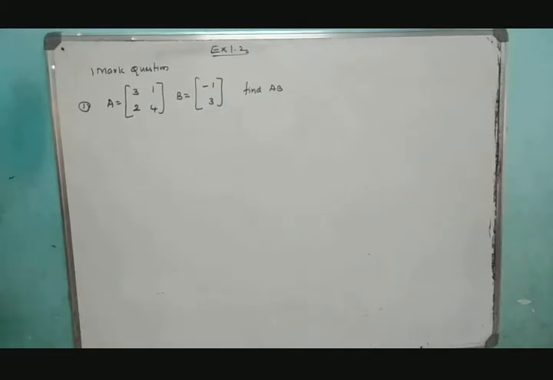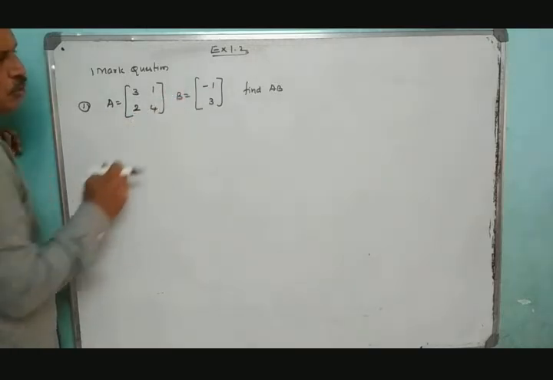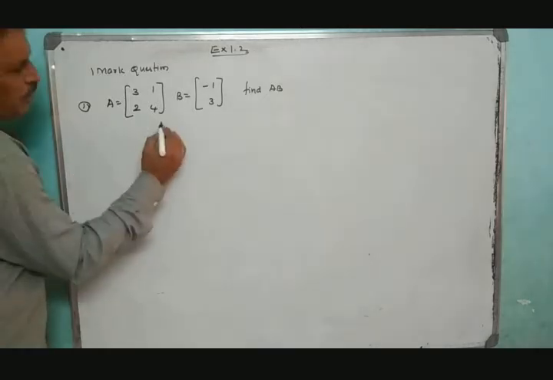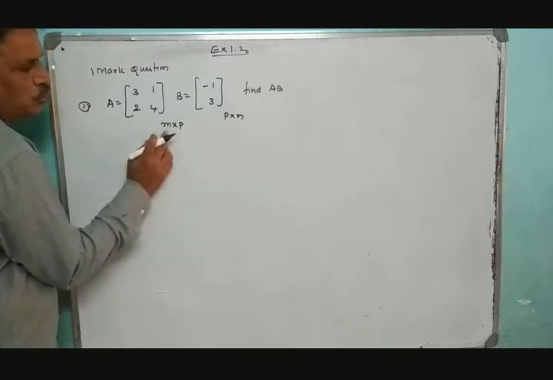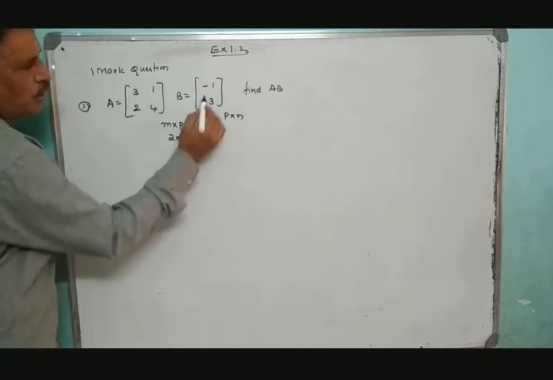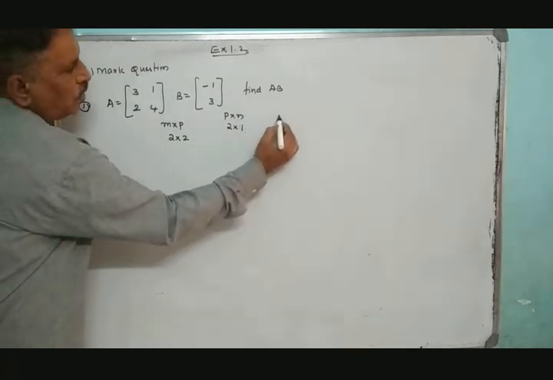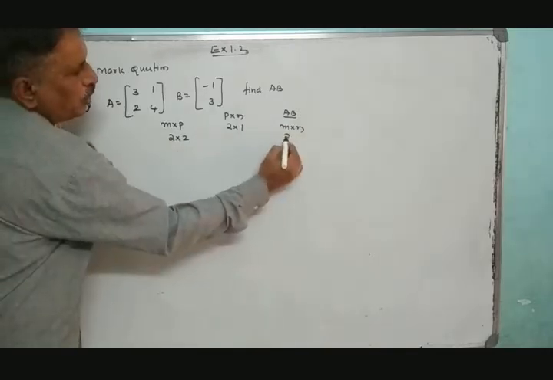I will take the first 1 mark question. If A is equal to 3, 1, 2, 4 and B is equal to minus 1, 3. Here he didn't ask the order of matrix, but we'll check whether the product is possible or not. The first matrix is M into P and the second is P into N. Always take rows first. 2 rows and 2 columns are there in A; in B, 2 rows and 1 column. So AB will be of the form M into N, that is 2 into 1.